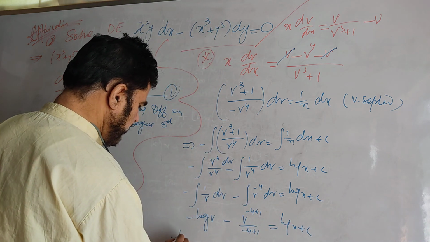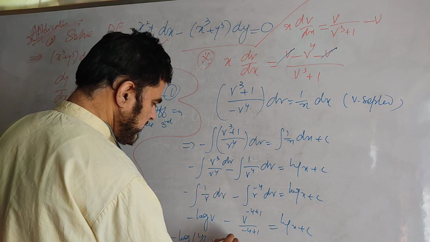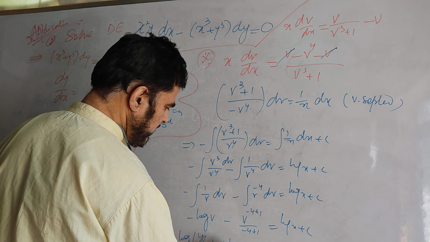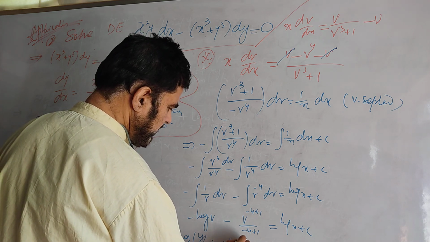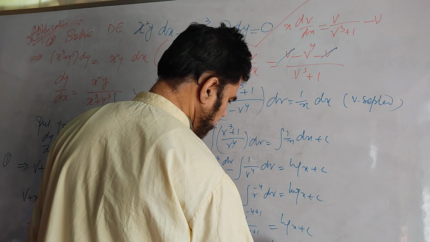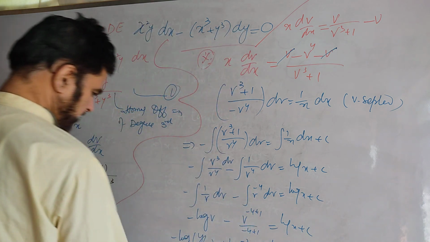You can write it as minus log of y by x, minus plus 1 by 3 v raised to the power minus 3, equal to log x plus c. Now I will take this setup here.